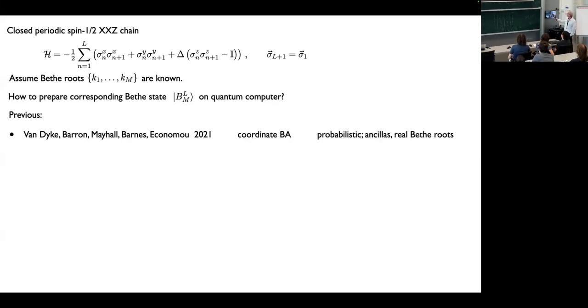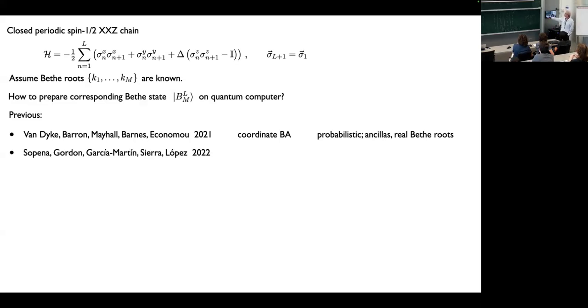But their algorithm is probabilistic, and if you compute the success probability, it turns out to go to 0 super-exponentially with M. So it's a problem if M is large. Also, it involves using ancillas, and it's limited to Bethe roots k that are real.